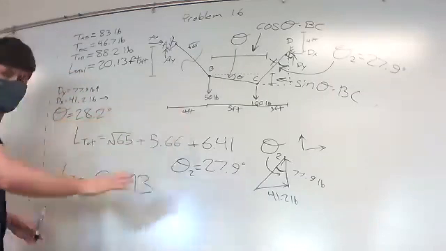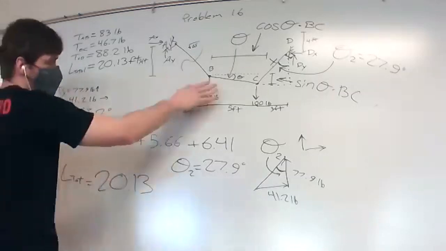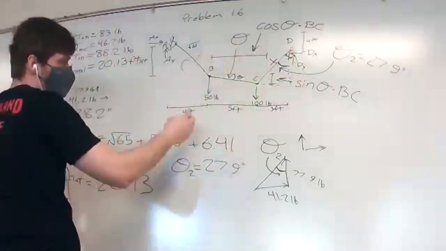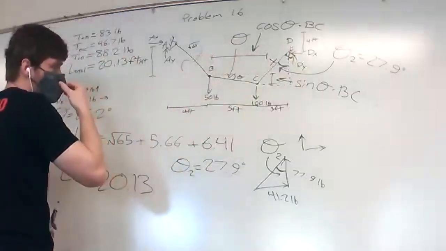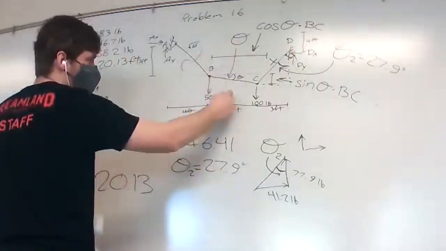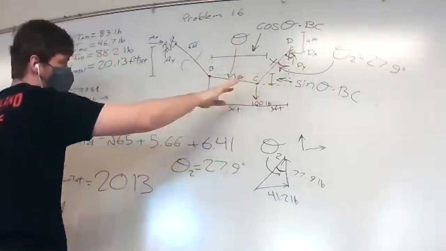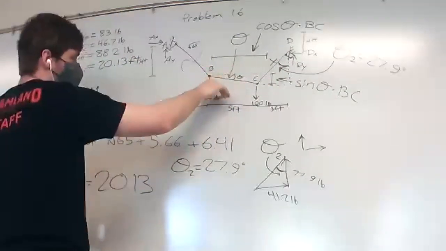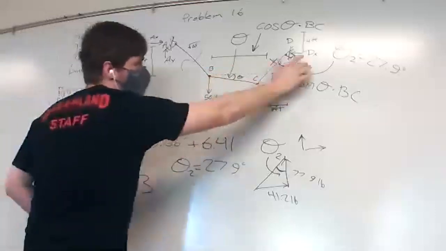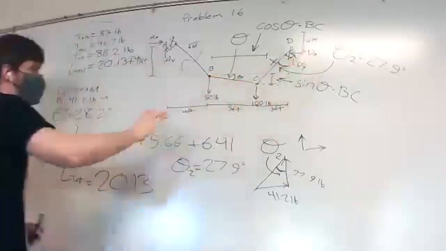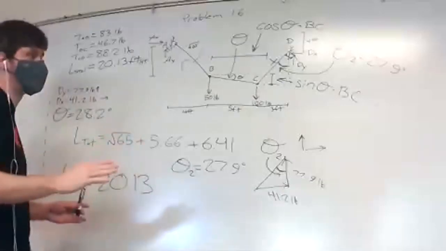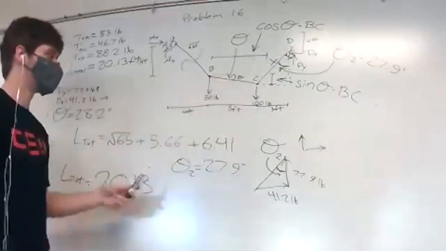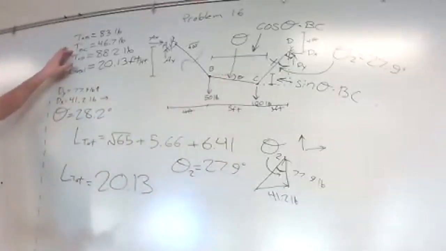Just a recap of it: we took a cut on the right side and took the moment at D to solve for these unknowns. Then we took a cut here, took the right side, and summed the forces in the X and Y direction, divided them by each other to find our theta, replugged the theta into one of our equations, and solved for TBC.